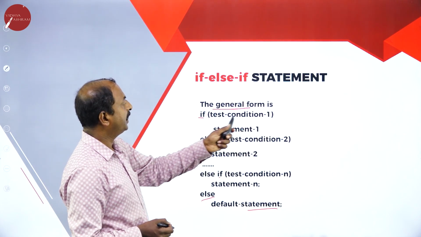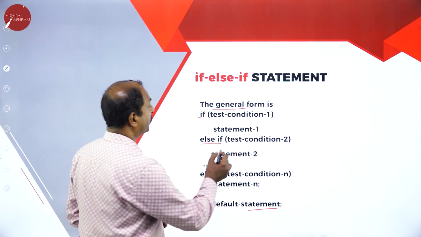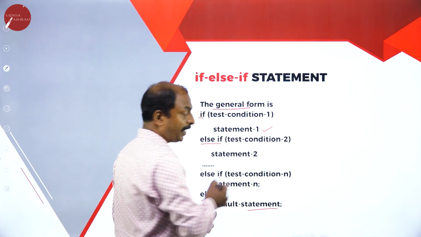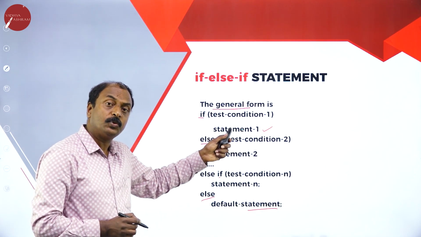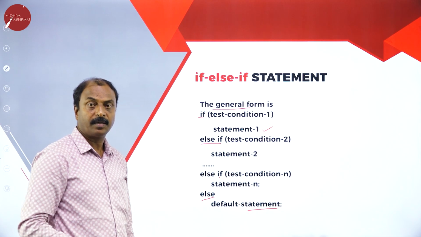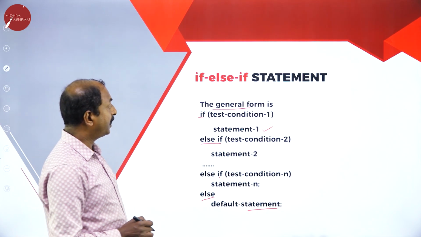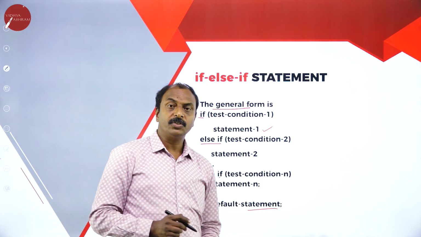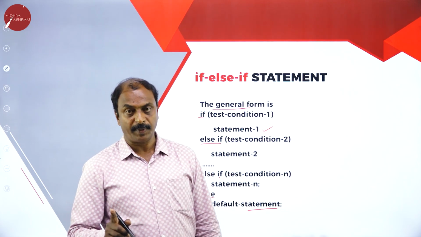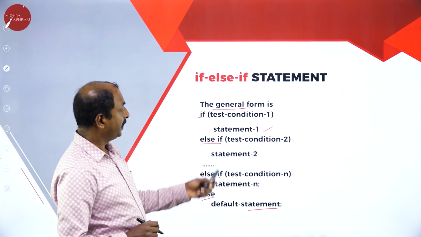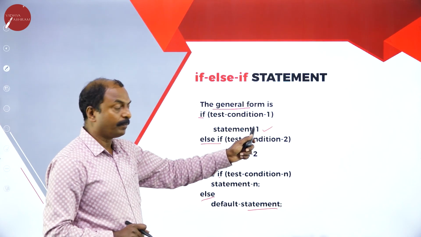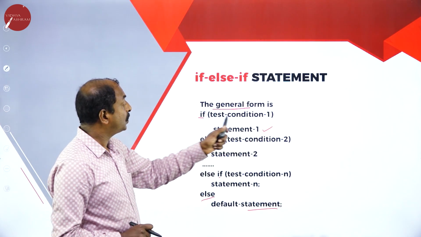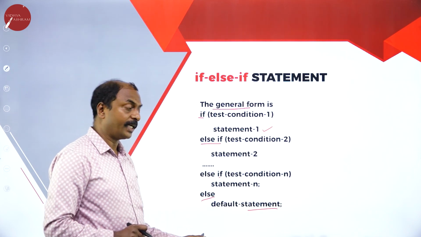Here, first is test condition 1. If condition 1 is true, it executes this statement only, and after that it comes out of the if else if construct. Please do remember, this construct executes only one set of statements. So in this example, if this condition is true, it executes statement number 1, and after that it comes out of the if else if construct.